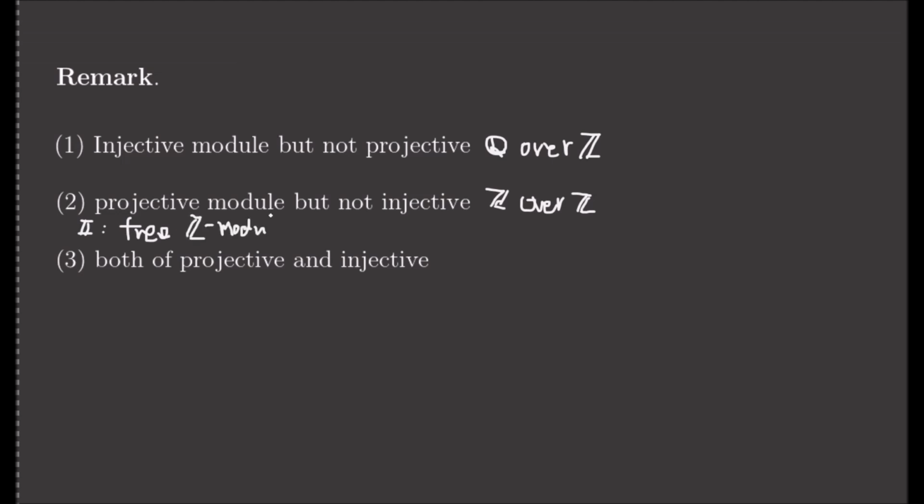There exists the element identity, which generates the integers and is linearly independent. The basis is just the identity. But this is non-injective, which I already explained.